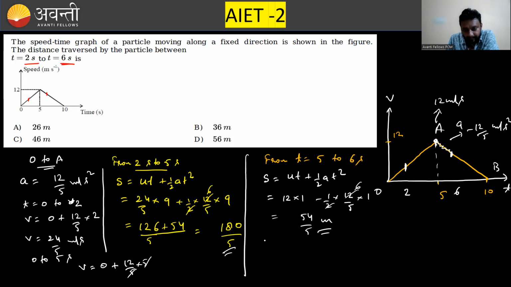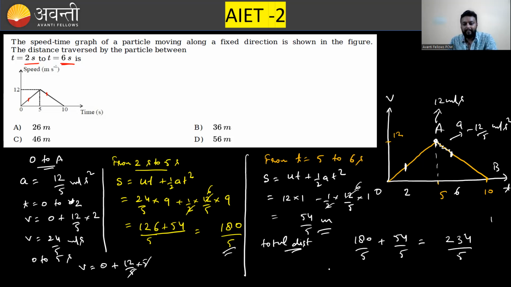Now, if you calculate the total distance, it will be 180 by 5 plus 54 by 5. That is 234 by 5.